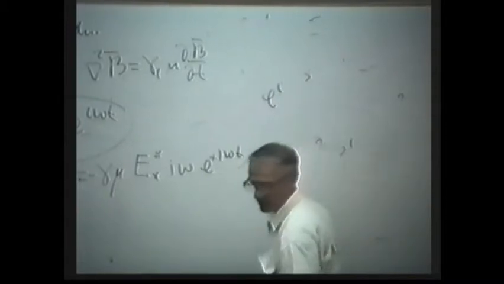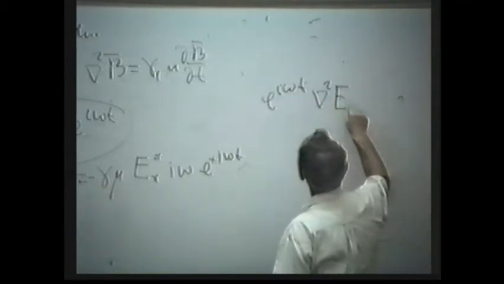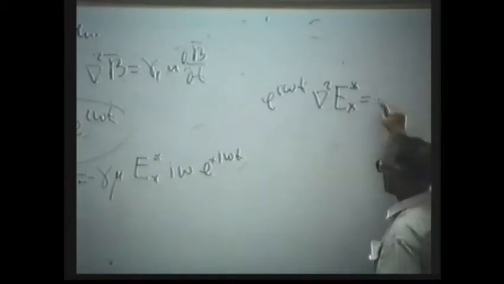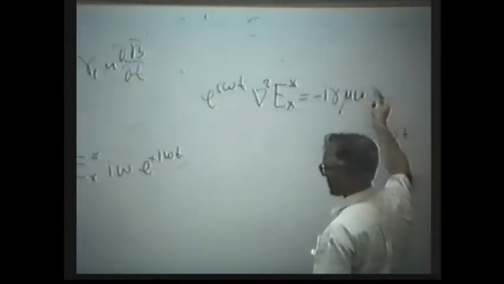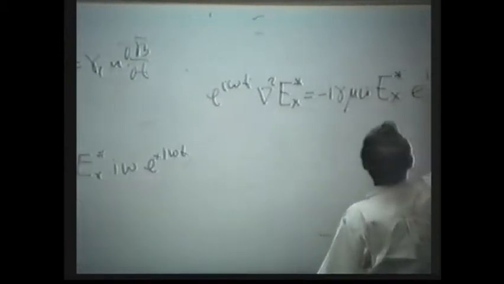We can. So we have e to the i omega t times the Laplacian of E star. What happens here? Minus i gamma mu omega. Here we have Ex star, here e to the i omega t.